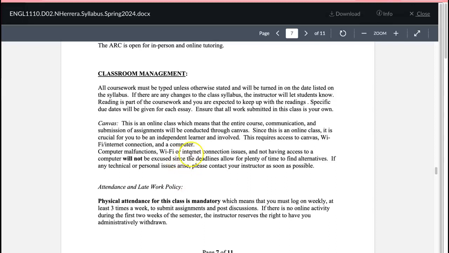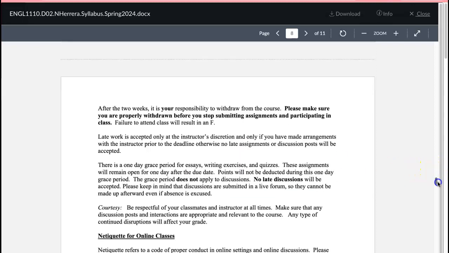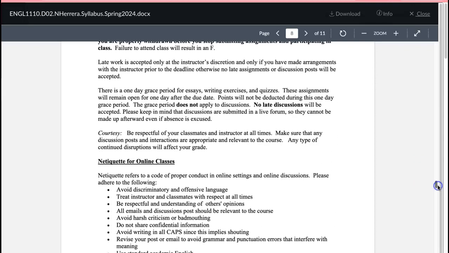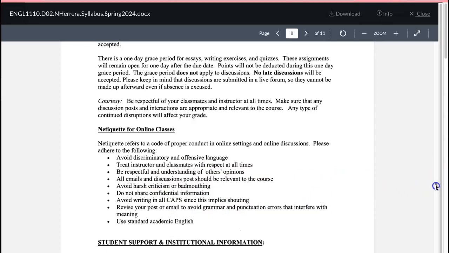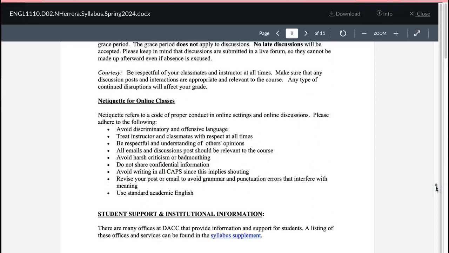Also, you want to make sure that you are respectful of your classmates and myself at all times. I do have an etiquette for online classes, so please keep this in mind whenever you are responding to people in the discussions. Remember that it's okay to disagree, but you want to make sure that you are respectful at all times and that you are open to people's ideas.